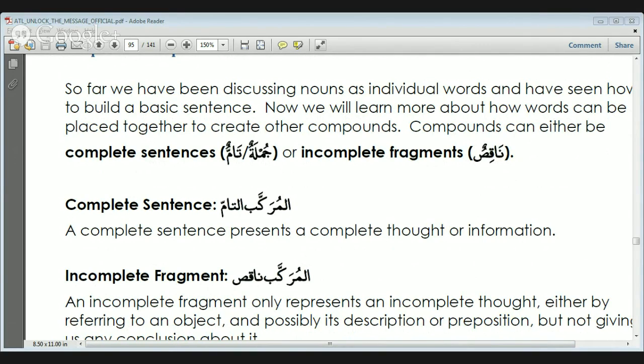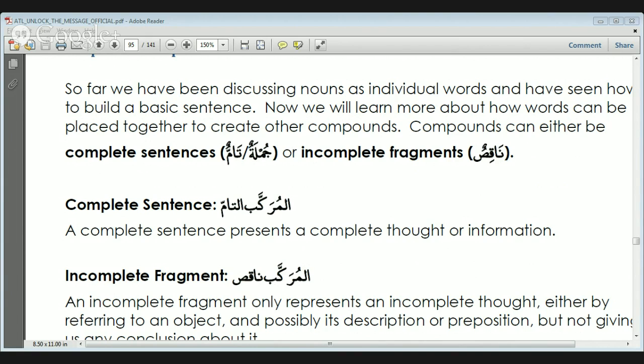So far, we've studied what? Again, Ism, right? We have studied Ism.